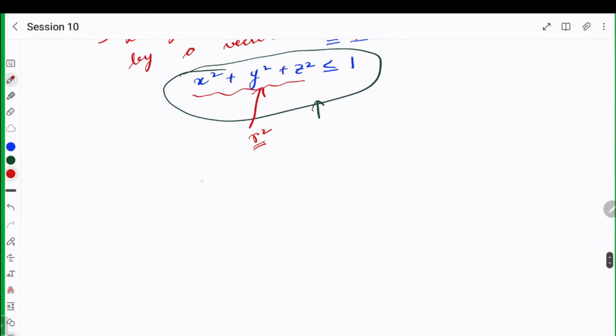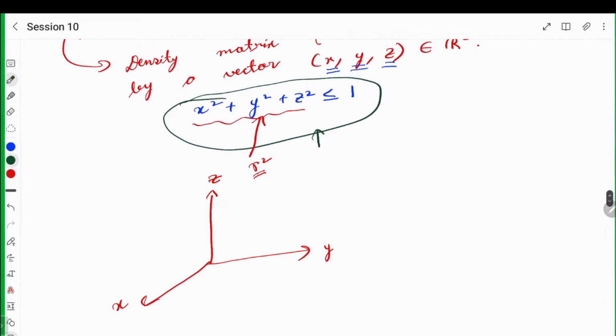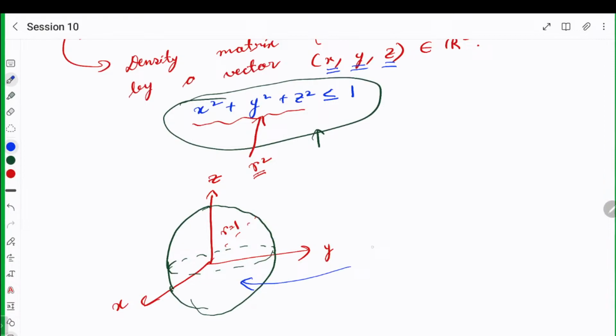So basically, if you have these real coordinates x, y, and z, and this is a sphere of radius 1, r equal to 1, then the density matrix will be represented by a point inside the sphere.